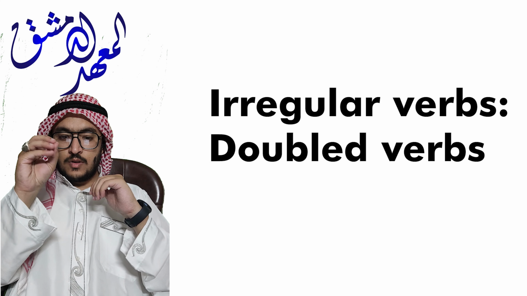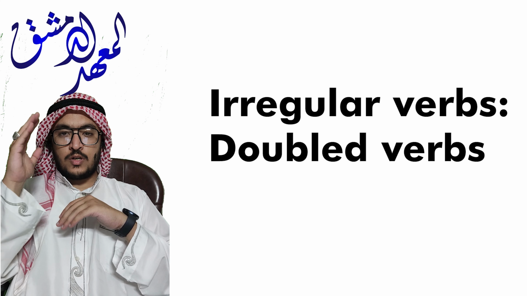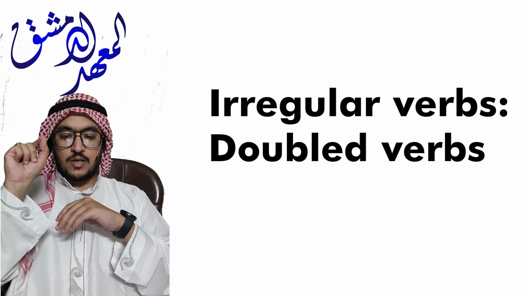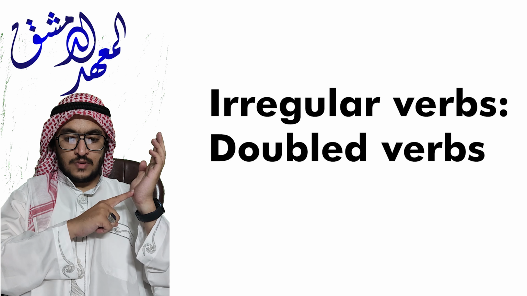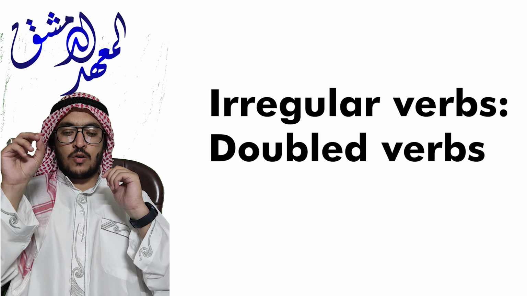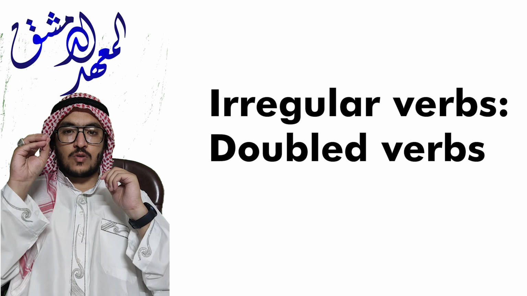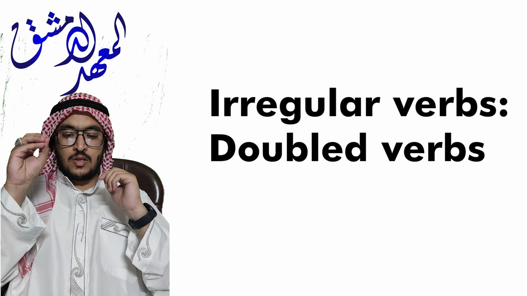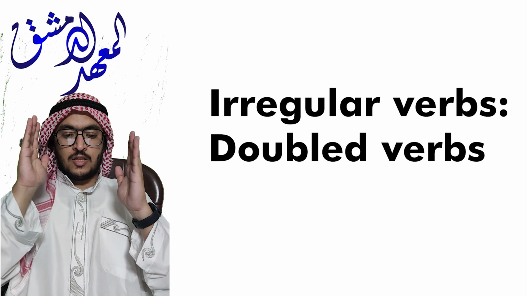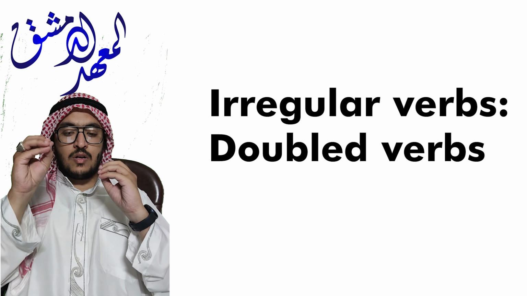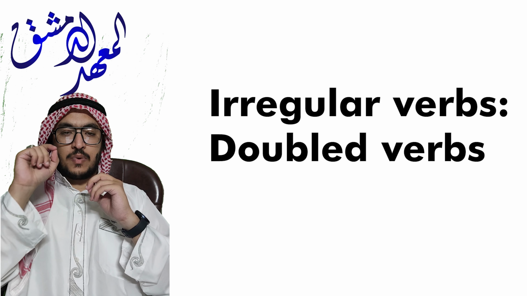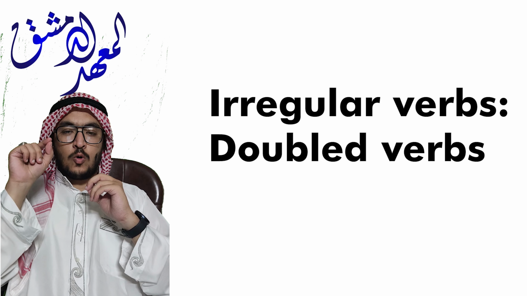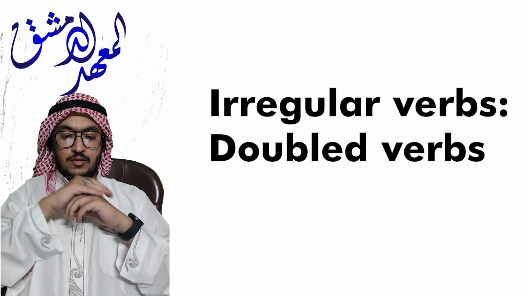Doubled verbs are those where the third root letter is the same as the second root letter. They are one of the simplest forms of irregular verbs to master. The general rule is similar to the rule of hollow verbs and is dependent on the vowel over the third root letter.